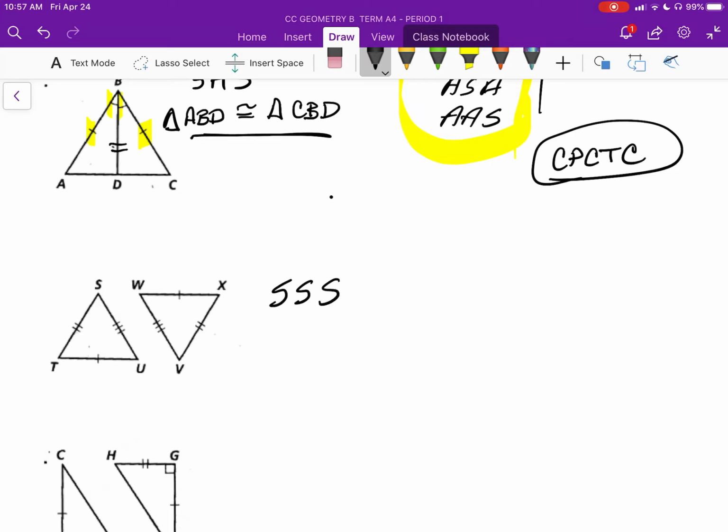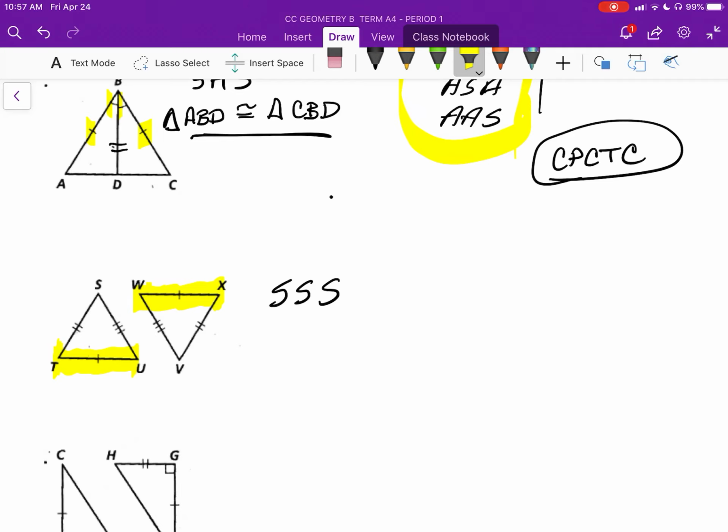And then if you wanted to match it up, if I start with T, this one down here, and I'm going to go towards U, so I'm going down this line with the 1 mark. So I'm going towards the 3. So on this triangle, I'm starting with X, and I'm walking down the mark with 1, and I'm going to go down the 3 next.